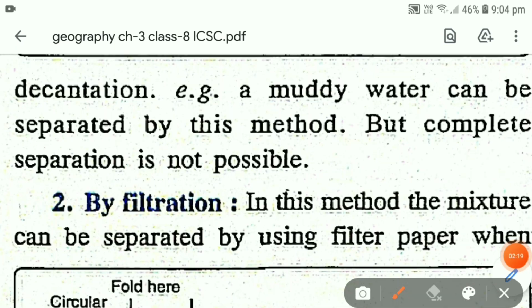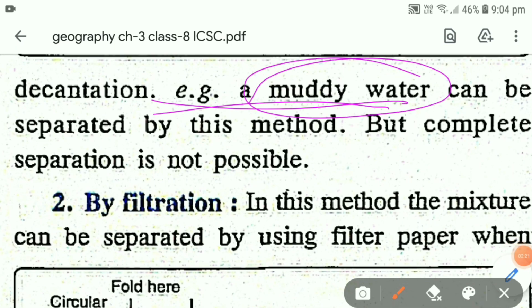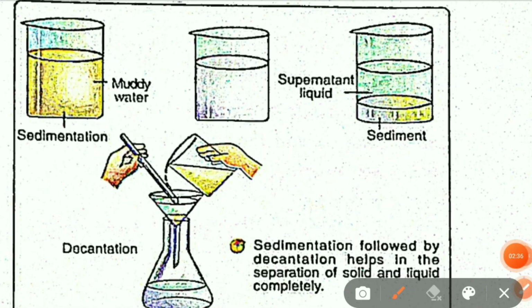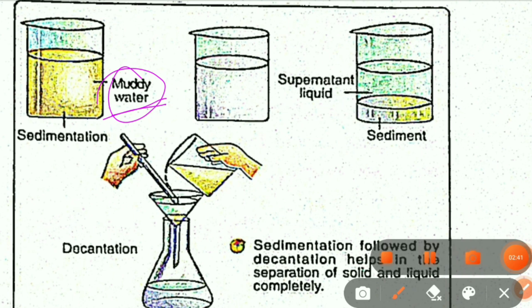For example, muddy water can be separated by this method. Muddy water is the mixture in which soil and water are added. We know soil is a solid particle whereas water is a liquid particle. Please look at this diagram carefully. See, this beaker is full of muddy water. Our first process is to sediment the mixture. So we have left the mixture for sedimentation.